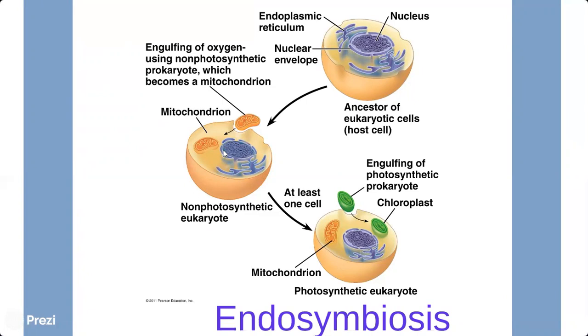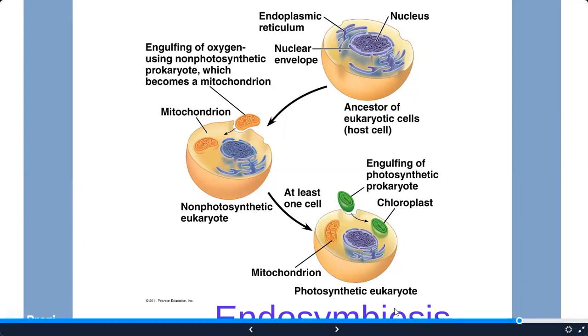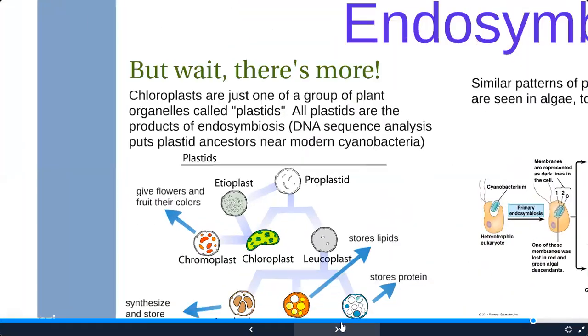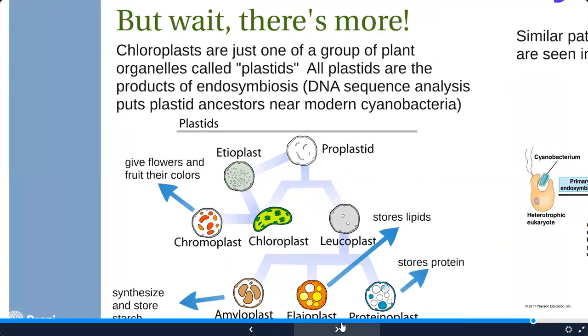Then we know at least one more time another symbiosis event occurred with chloroplasts. So the ancestor of chloroplast again got engulfed by a cell that was the ancestor of all the plant cells, called endosymbiosis. Okay, but there is more.